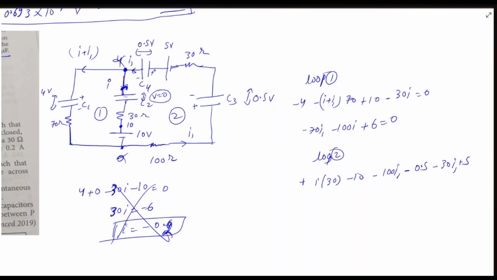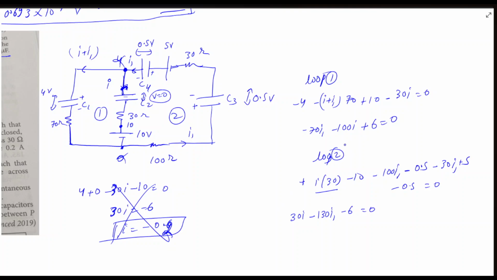So here it will be minus 0.5 equals 0, right? So this is I, and this is I1. So we'll write 30I minus 130 I1. This is 5, this is minus 10, so minus 5 minus 6 equals 0. Okay, perfect.